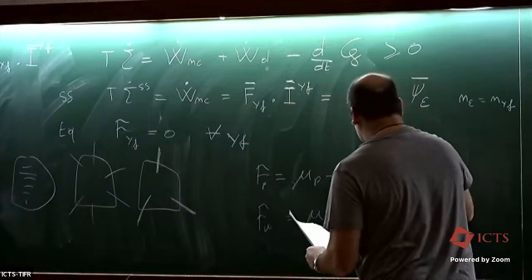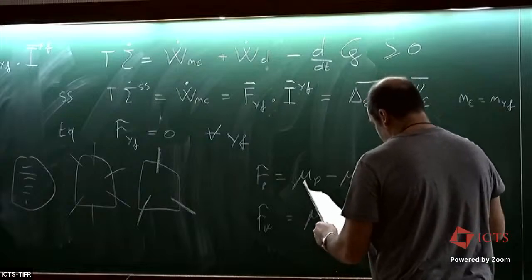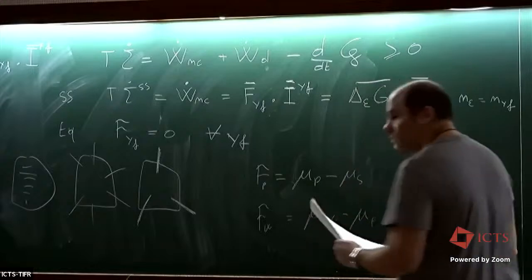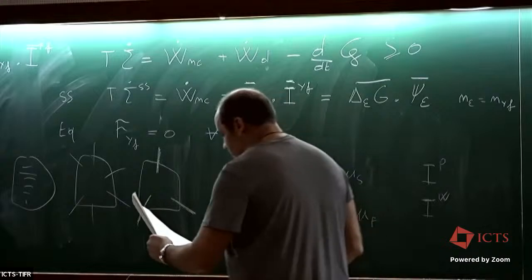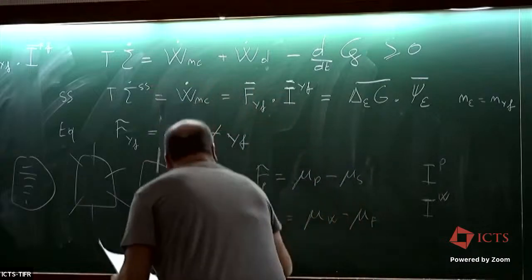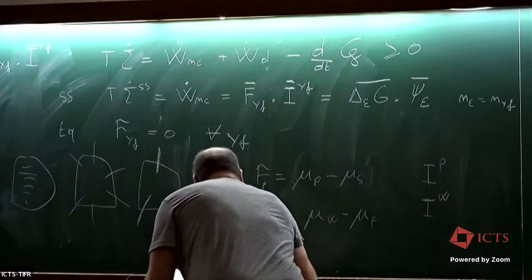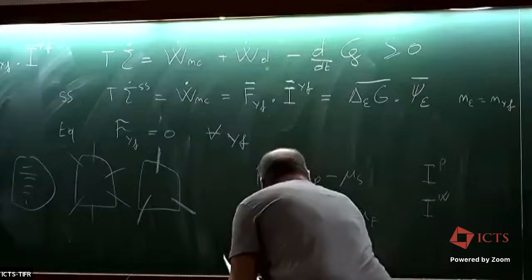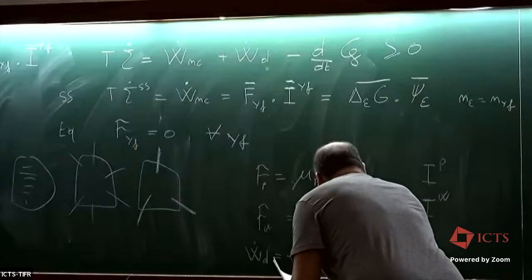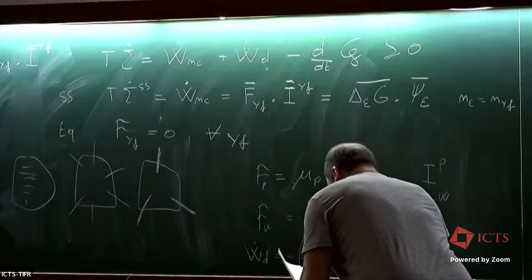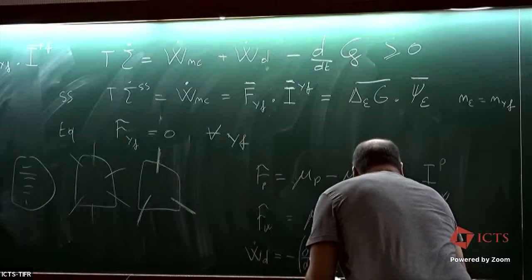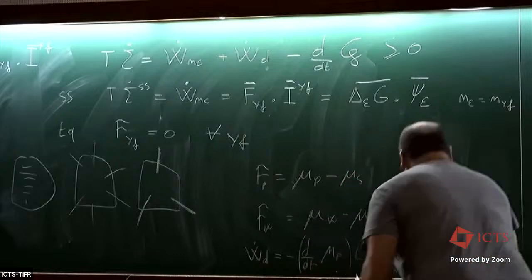And the two currents that we need are YP and YW. And if you want the conservation law too, the WD in this case is going to be minus the derivative, because these are the potential species, mu F times LF, which is now the, minus derivative of mu S times LS.